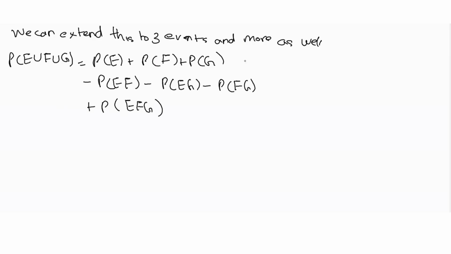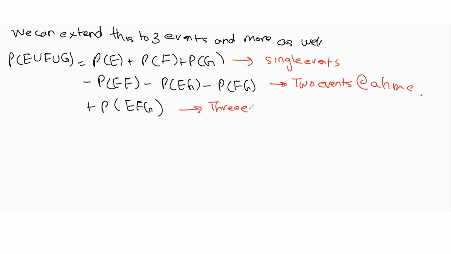So what we're doing over here, in the case of 3 events, applying the inclusion-exclusion principle, is taking single events and adding their probabilities. We're taking 2 events at a time and subtracting the intersection. And then we're taking 3 events at a time and adding the intersection back.